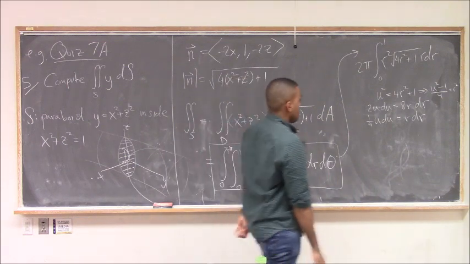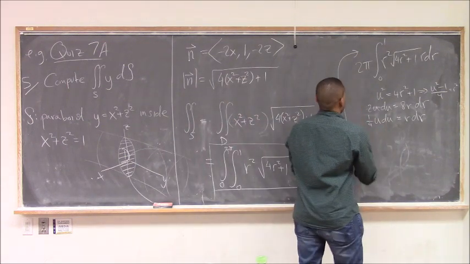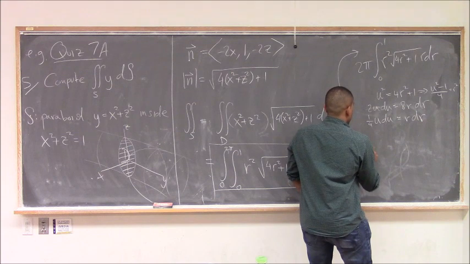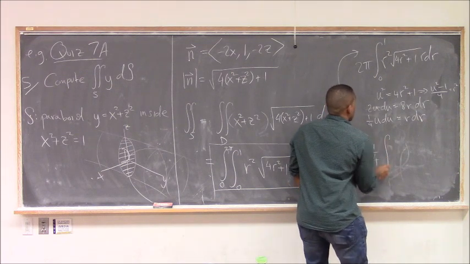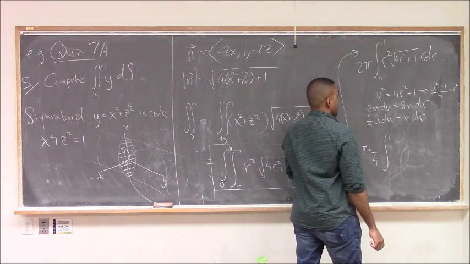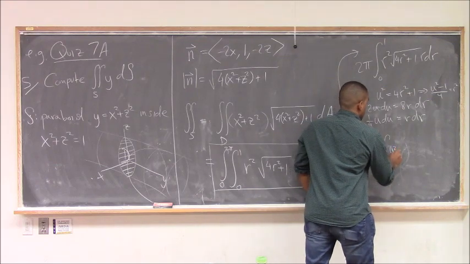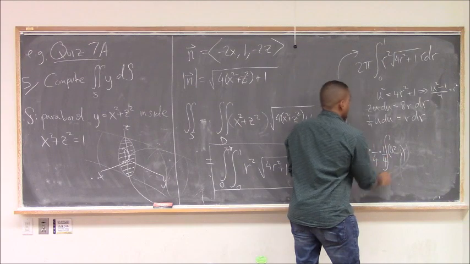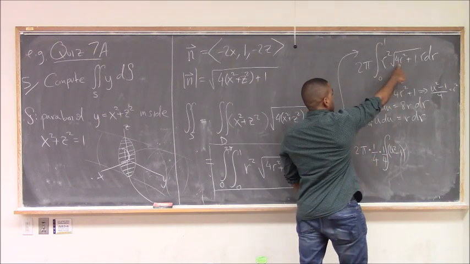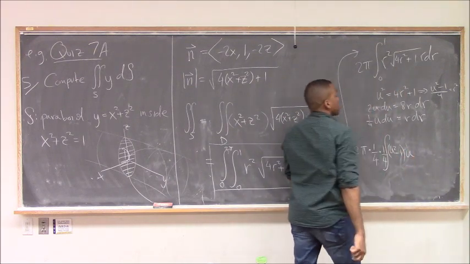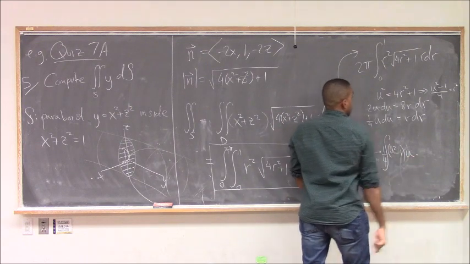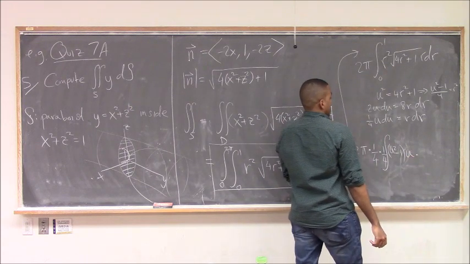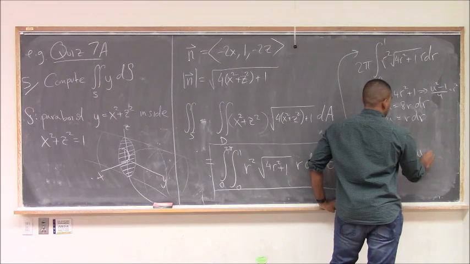And so now just plugging that in. So that gives me 2 pi times 1 over 4 times the integral of r squared, which becomes u squared minus 1 divided by 4, times this guy, which is just u, times r dr, which just becomes u du.